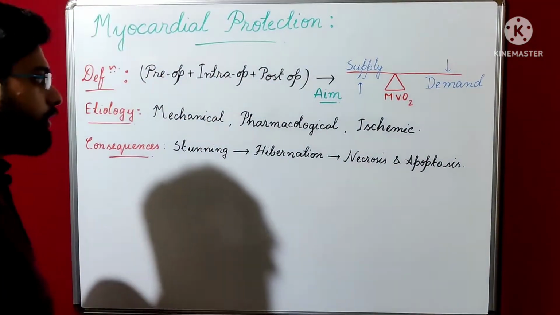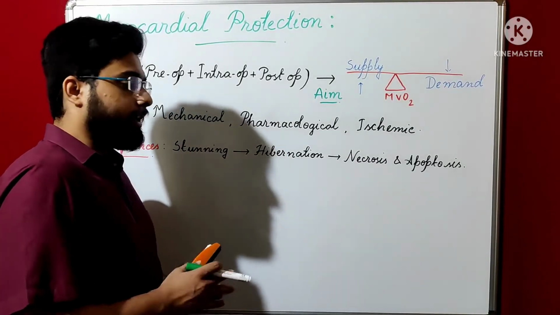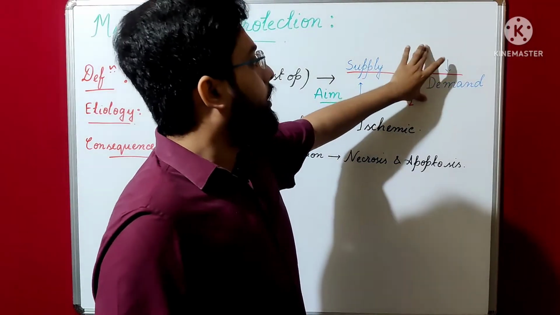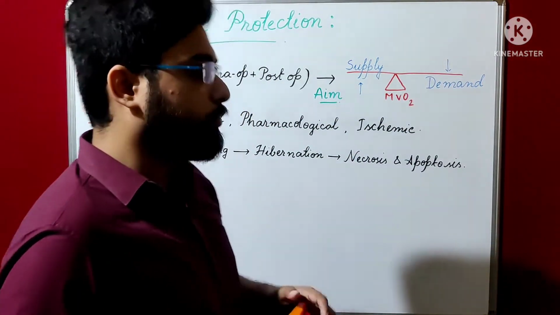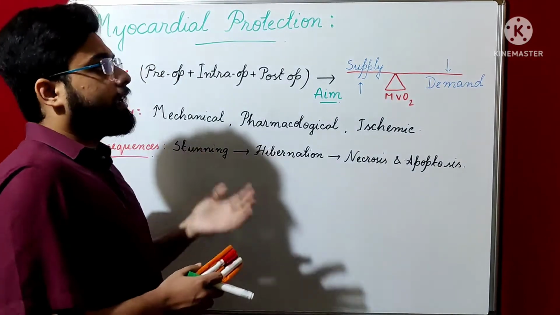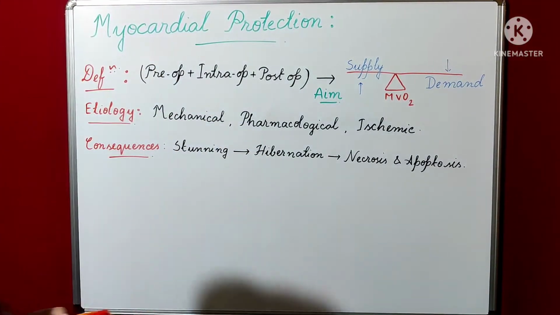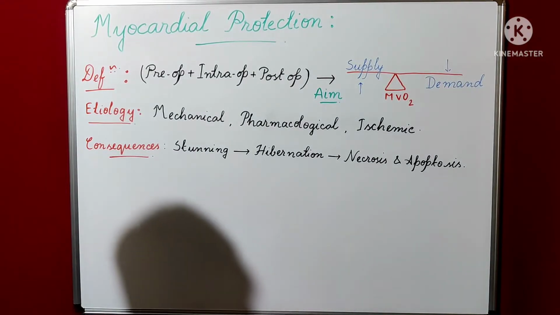Now what will it do? Firstly, it will improve the cardiac functionality, and it will help the myocardium to withstand the ischemia or the surgical insults, because cardiac surgery is a major surgery.